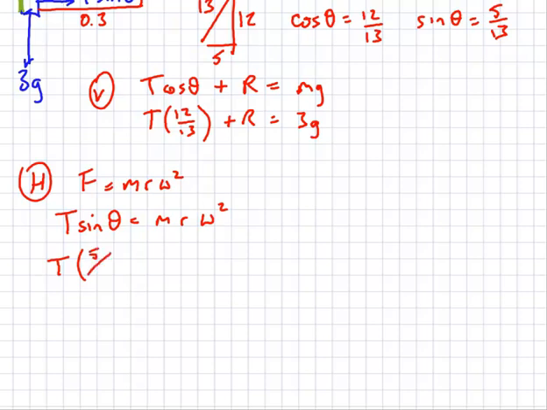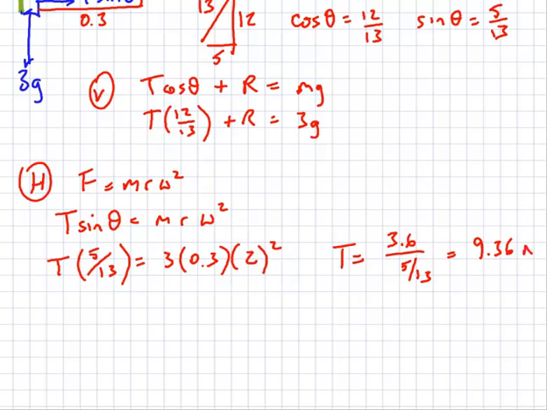So the sine of theta is 5/13, the mass is 3, the radius is 0.3, and omega is 2, so omega squared I can put into that. So when I work that through, I find my tension is basically 3.6 divided by 5/13, and I end up with 9.36 newtons. So now that I know my tension, I can now work out my normal reaction.